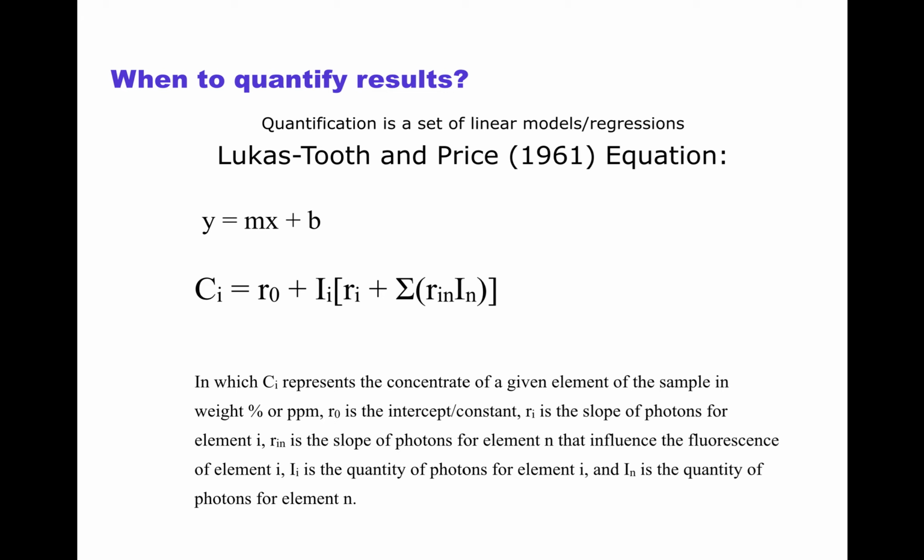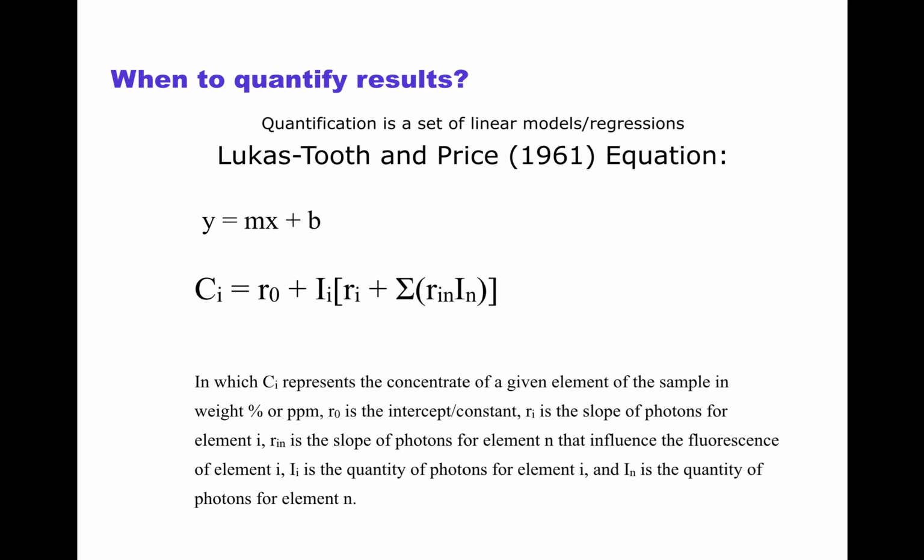First, think back to college algebra, y equals mx plus b, where y is our dependent variable, x is our independent variable, m is our slope, and b is the intercept. The Lucas-Tooth and Price equation is quite similar to this. Here you see one iteration, in which Ci represents the concentration of a given element in a sample in either weight percent or parts per million.